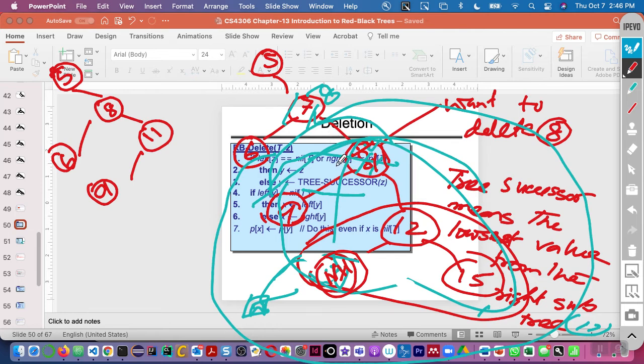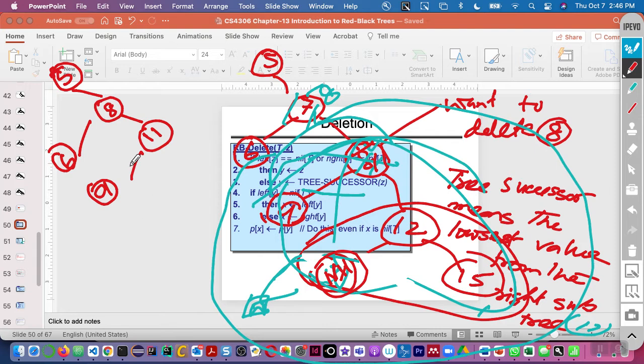And you can take the predecessor, that is the highest value from the left tree. You can do it both ways. Let us consider the way the book has it: it takes the right successor. Successor is the lowest value from the right subtree.